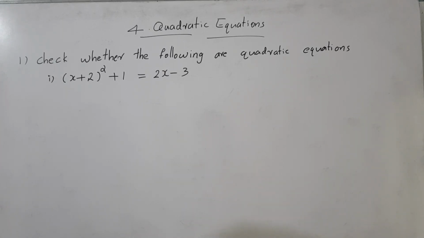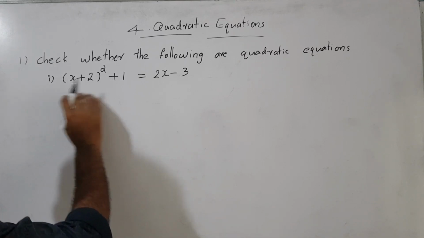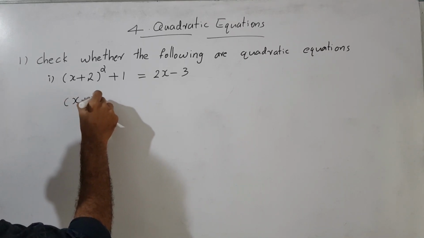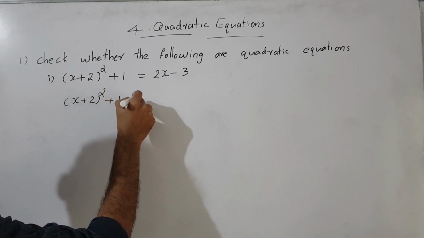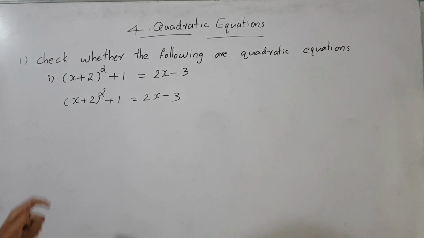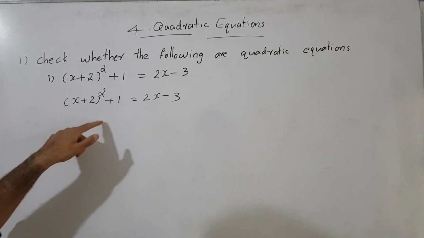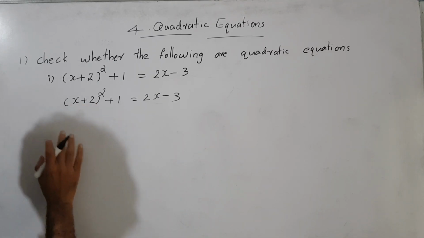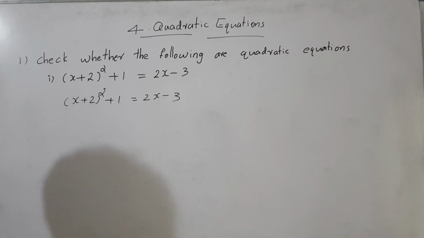Then how do we check? First we write the equation once again: x plus 2 whole square plus 1 is equal to 2x minus 3. Now it is very clear that the LHS part, x plus 2 whole square, is in the form of a plus b whole square. So we expand the bracket by using the identity. What is a plus b whole square?